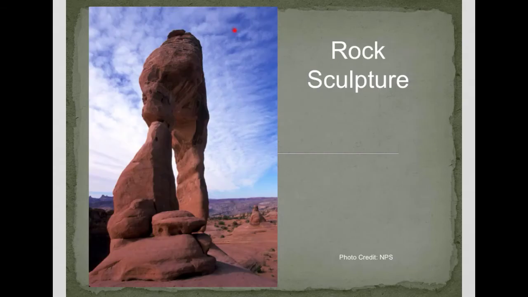Weathering has caused this rock sculpture to form. We've talked in class about how a sandstorm can blow the sand and how it feels on our skin, that stinging sensation. Well, over long periods of time, that sand wears away at the rocks, and it creates these formations out in the desert and other places.